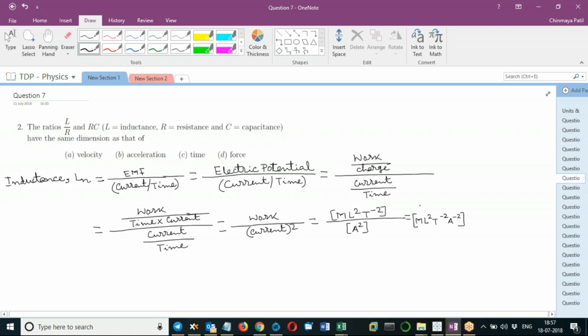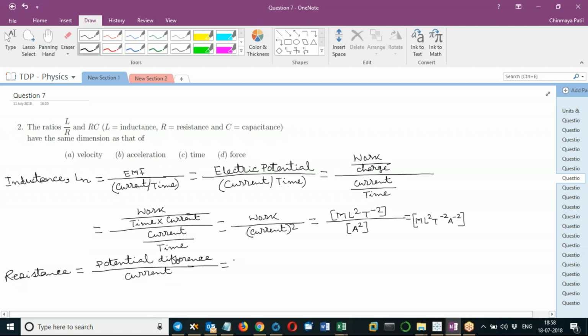So that is L. Next, we need to find the resistance. What is resistance? Resistance is equal to potential difference divided by current.